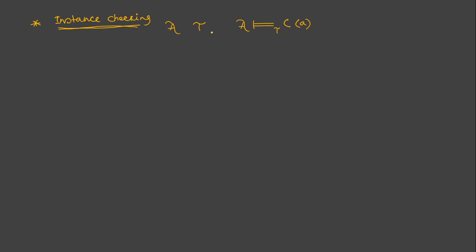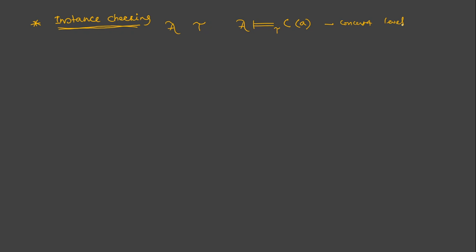We are trying to see whether a is an instance of the class C given an A box A, and that you have to do with respect to T. That is what we call instance checking.